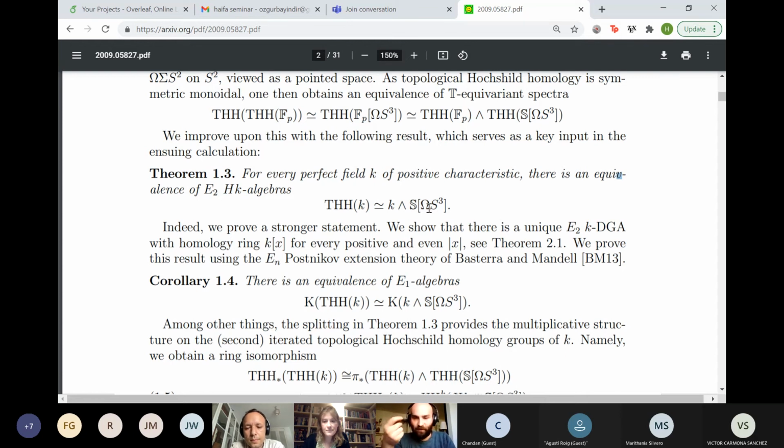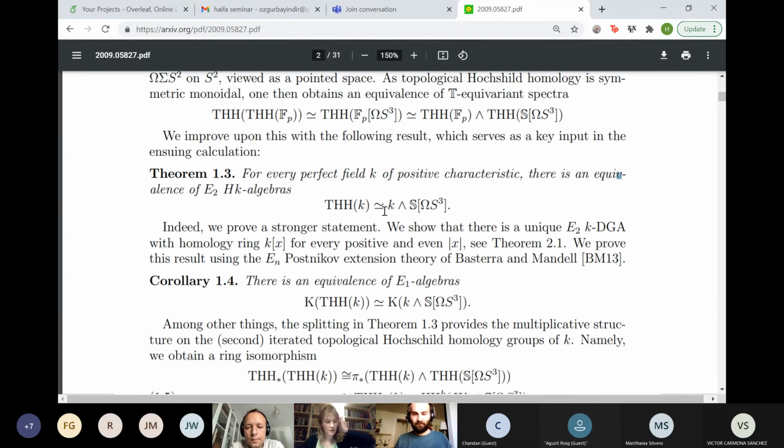You want to know the algebraic structure in the Tate spectral sequence and the fixed point spectral sequence. So if you take the THH of THH, you need to know the E2 structure in here so that you obtain the E1 structure on THH of THH. So this becomes an E1 splitting after taking THH, because we have an E2 splitting.